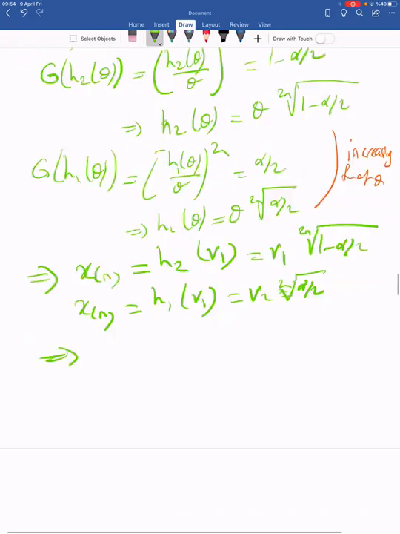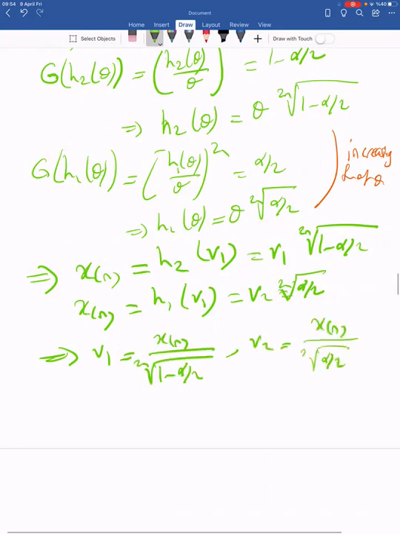So from here, we get v1 as nth order statistics over 1 minus alpha over 2 to 2n, and v2 equal nth order statistics over alpha over 2 to 2n.